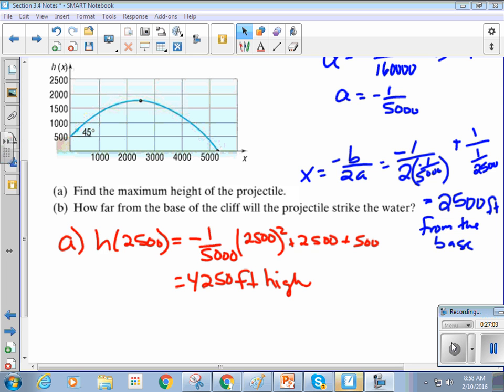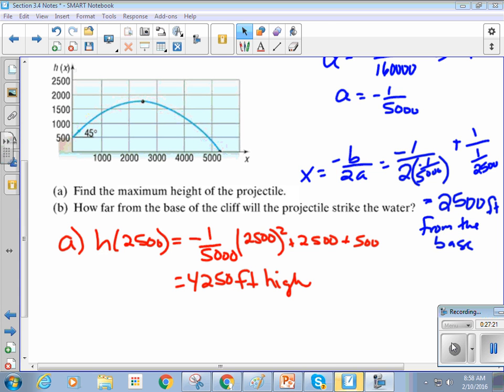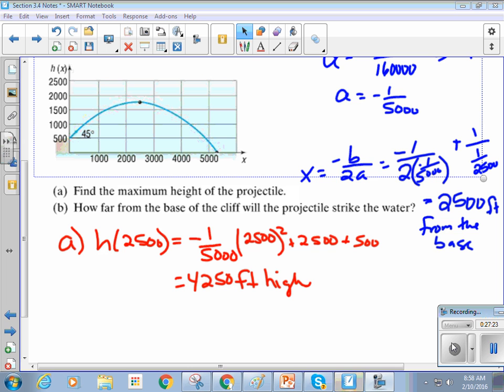And now we, of course, go back to our equation and see if it makes sense. I'm looking at the graph, and I'm seeing that the graph is not at 4,000. That apex is not at 4,250. So recheck the numbers.